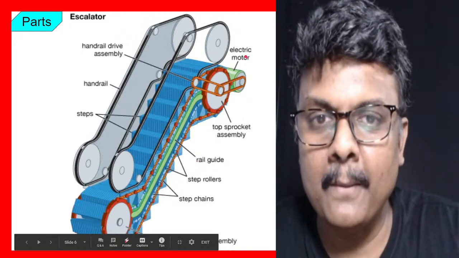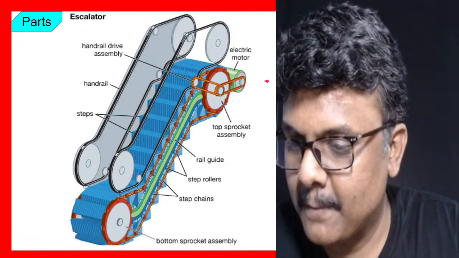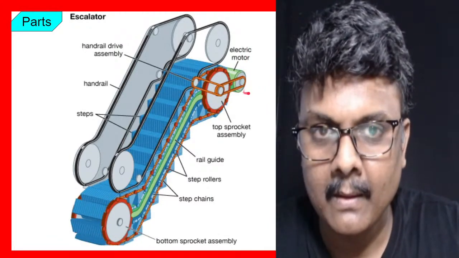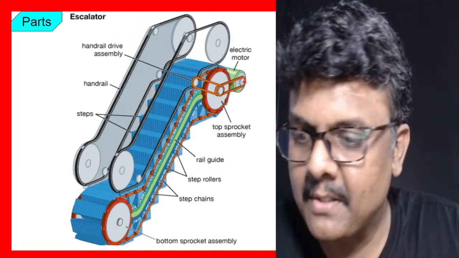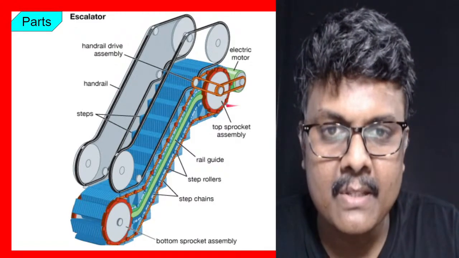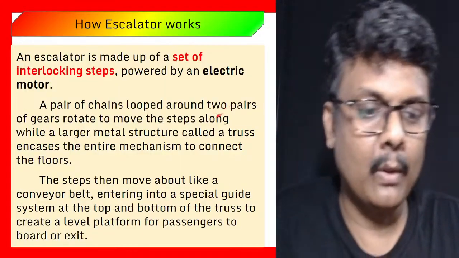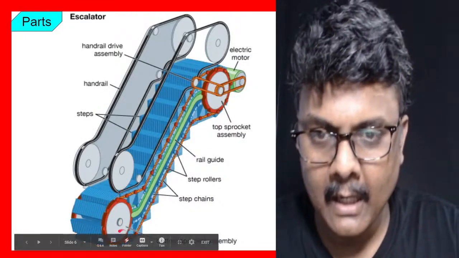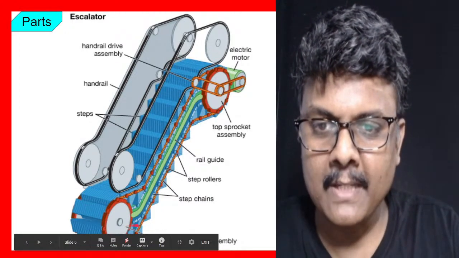Guys, see here, are you able to see? This is the motor. Is the red pointer visible? This is the motor. Now this is the sprocket assembly at the top. Coming to the bottom, here you have the bottom sprocket assembly.